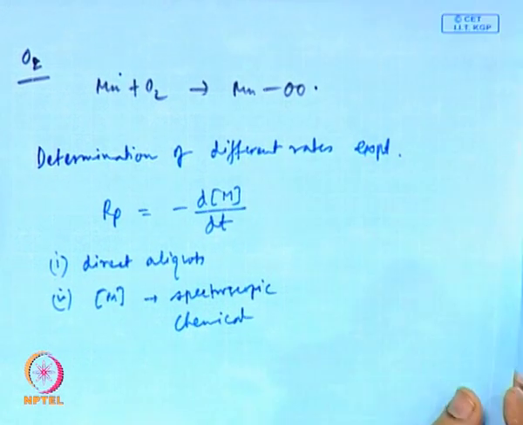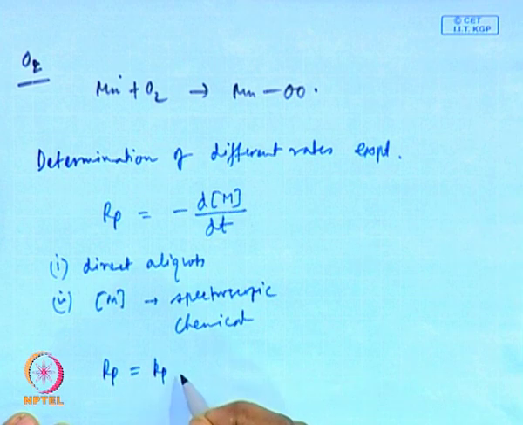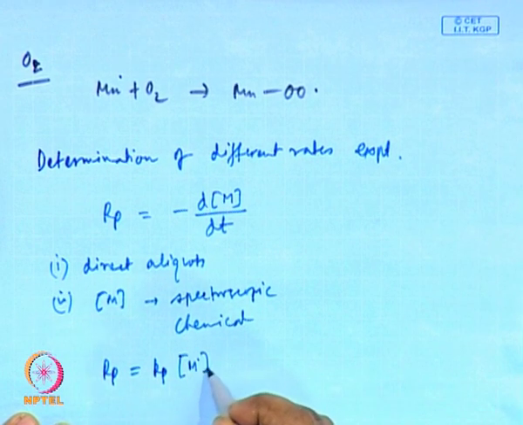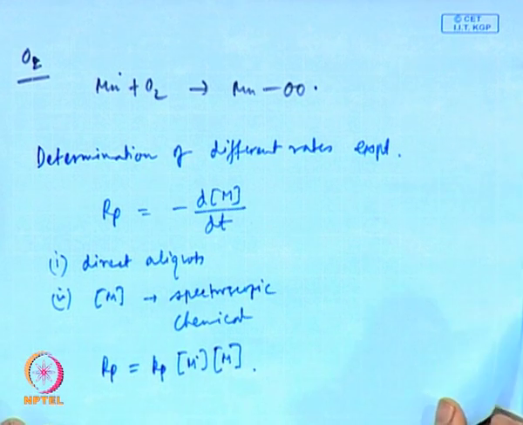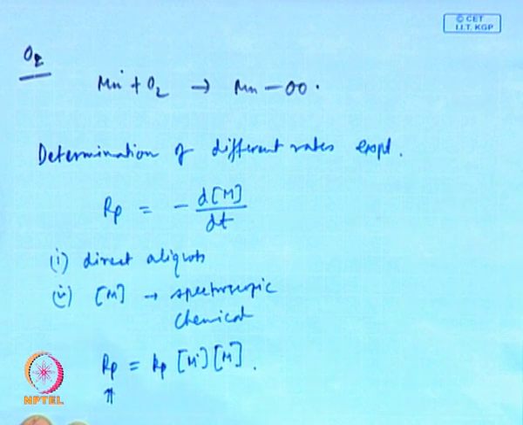Now, once more, this is the expression for Kp, just as a reminder. We know this from the experiment, and we can find the concentration of M as well. So, Kp and M dot are the two unknown quantities.